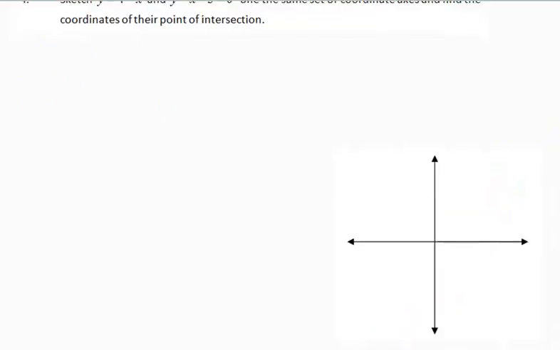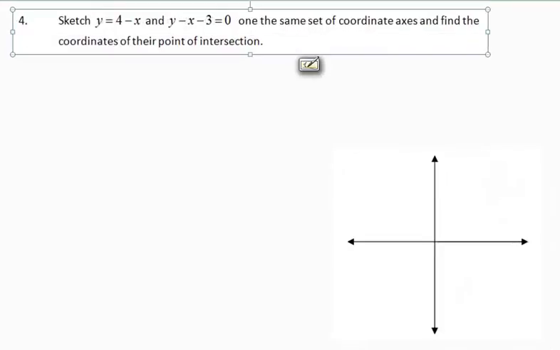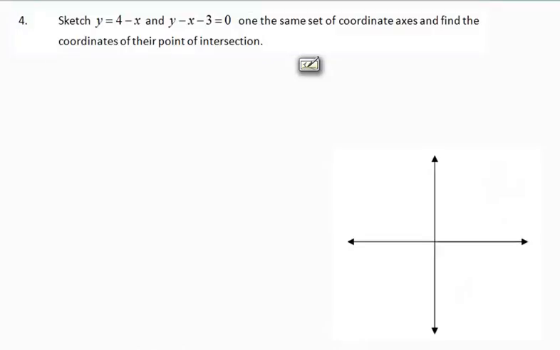Okay, so now for question 4. We have two lines that we want to sketch. So y is equal to 4 minus x. Our y-intercept is at 4 and our gradient, m, is minus 1.